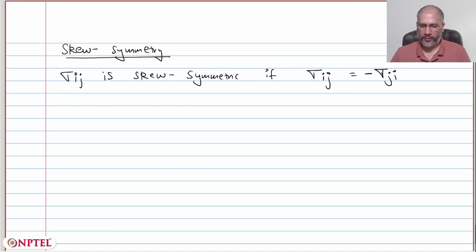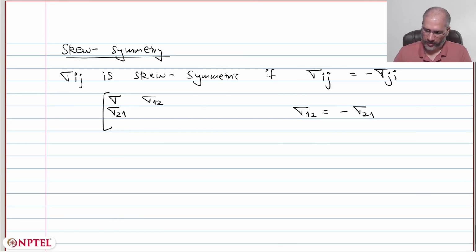But if you go to higher order tensors, then you will have to specify that. What it means here is that in the matrix representation, the terms sigma 2 1 and sigma 1 2 are related as sigma 1 2 is equal to minus sigma 2 1, and so on.